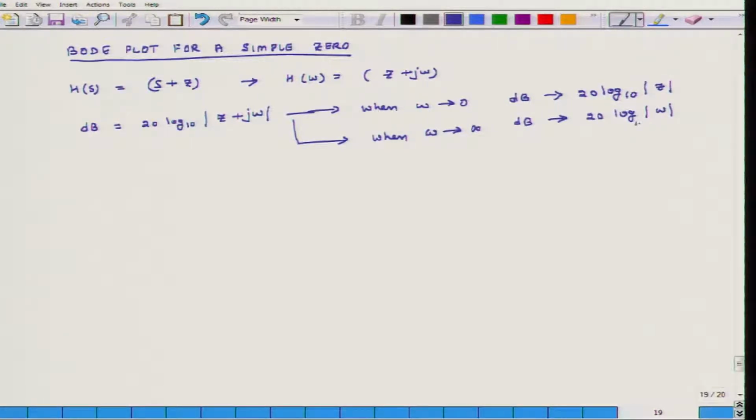Both of these are base 10 units. So, this will give me my low frequency asymptote, and the second relation will give me my high frequency asymptote. Now, I will plot the asymptotic response for a simple zero.